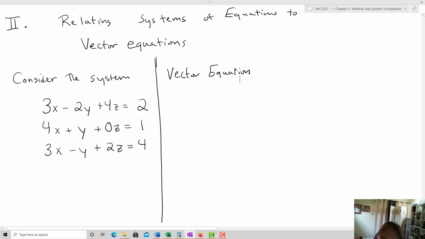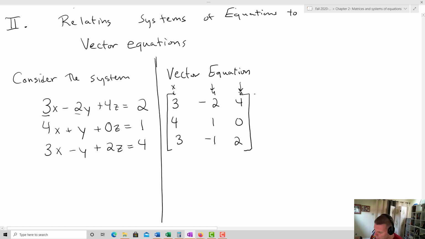I'm going to have the vector equation be made up of what we call a coefficient matrix. This coefficient matrix is made up of the coefficients inside of the system. So this is going to be 3, -2, 4. You'll notice this is the x variables, this will be the y variables, and this will be the z variables. Now we have 4, 1, 0, 3, -1, 2.